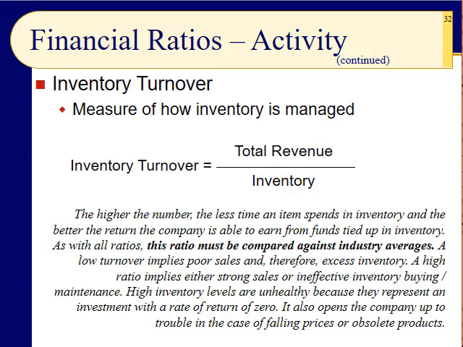You got to have inventory to sell stuff to people, but you don't want a whole lot of inventory, because what happens if that inventory becomes obsolete? All of a sudden you can't sell it or there's falling prices. So you really would like to turn over your inventory as quickly as possible. And that's strong sales, but there's a trade-off involved.